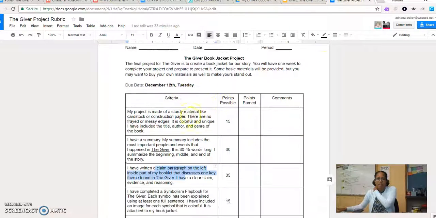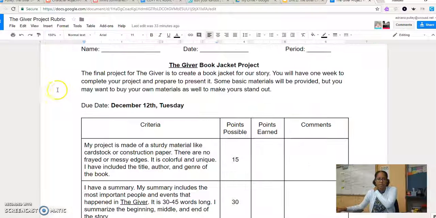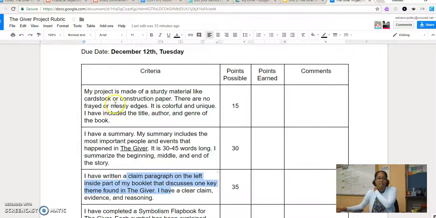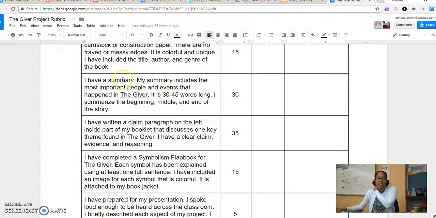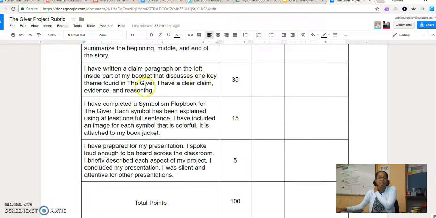So you can see in the rubric that it is a culmination of everything that they have been working towards. And let me just zoom in on that for you. So we have a summary, a 30-45 word long summary of the whole story, writing a claim paragraph on theme, and examining those symbols as well. And there's a section in presentation readiness.